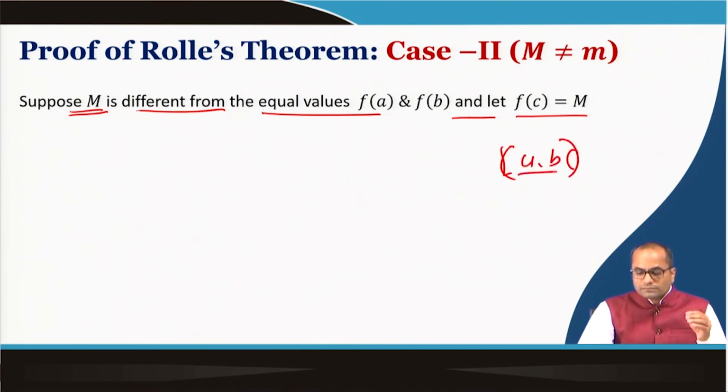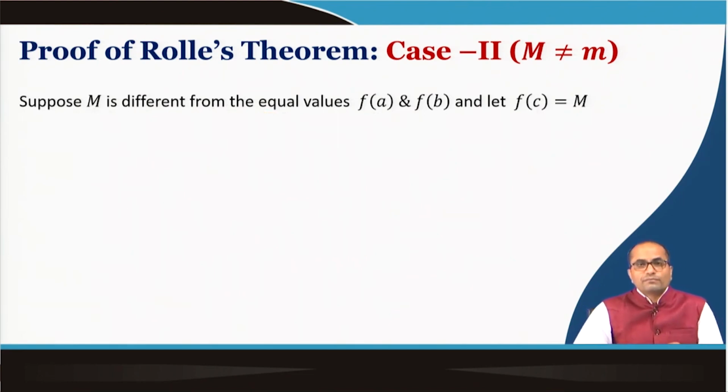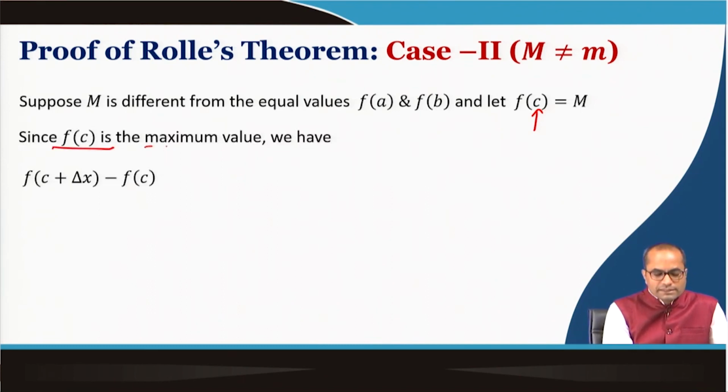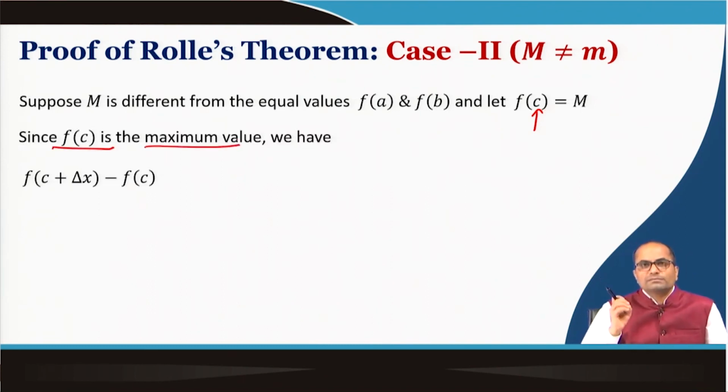So, c is the point where the function attains its maximum, its local maximum big M, and that point c belongs to the open interval a b. So, if M is different from the equal values and c is the point where f c is equal to M, in that case, since f c is the maximum value, or at least the local maximum, it is the local maximum of the function.